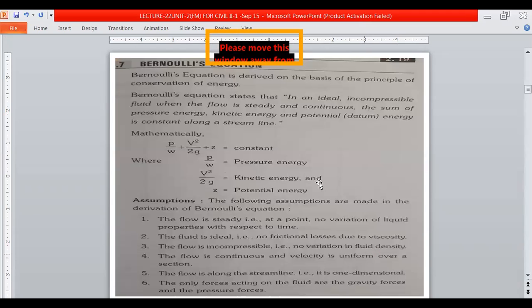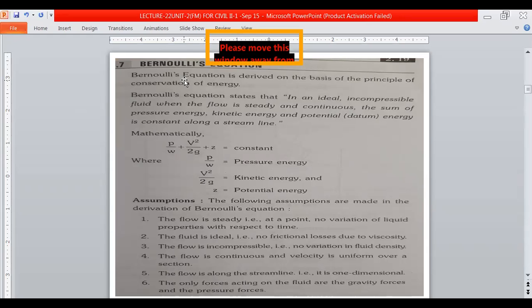Next, the topic is to derive Bernoulli's equation. Bernoulli's equation is derived on the basis of the principle of conservation of energy. If you get any question in the exam, state the assumptions of Bernoulli's equation and derive the Bernoulli's equation. You have to write that topic.